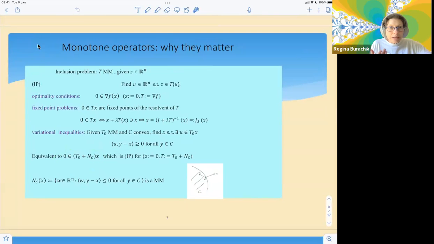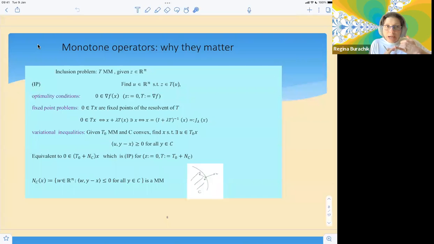But as I have told you, if you want to solve these problems, and you want to define a sequence that converges to a solution of these problems, you need this operator to have good continuity properties.